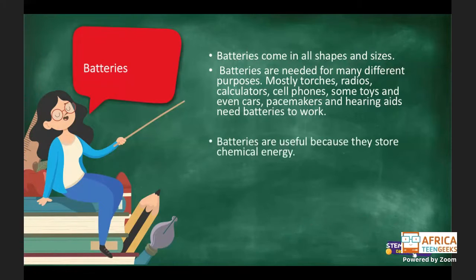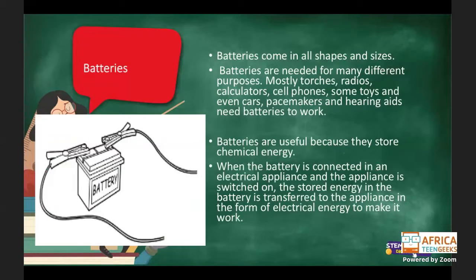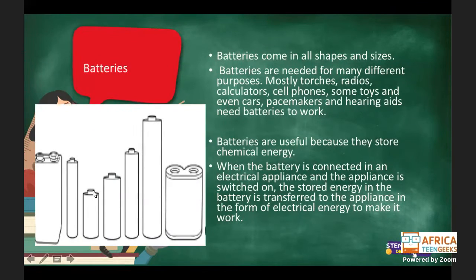As we can see here, this is a car battery with two terminals, which is bigger than these batteries I'm going to show you now. These are different batteries compared to the car battery. Batteries are useful because they store chemical energy.